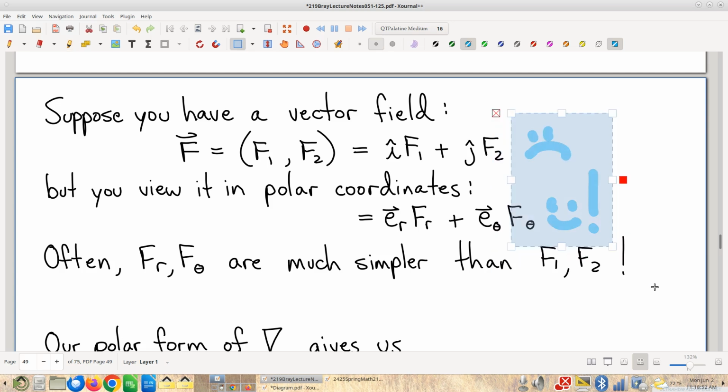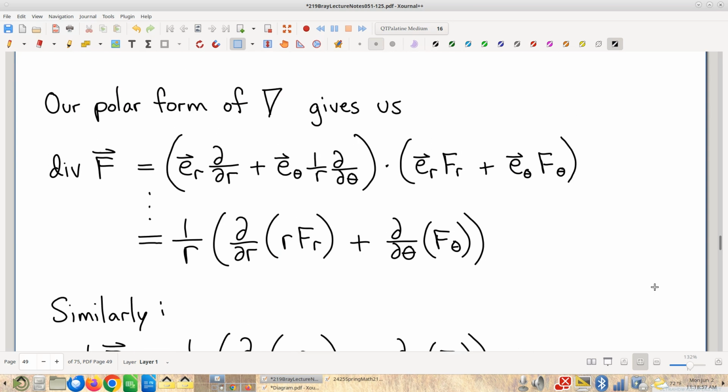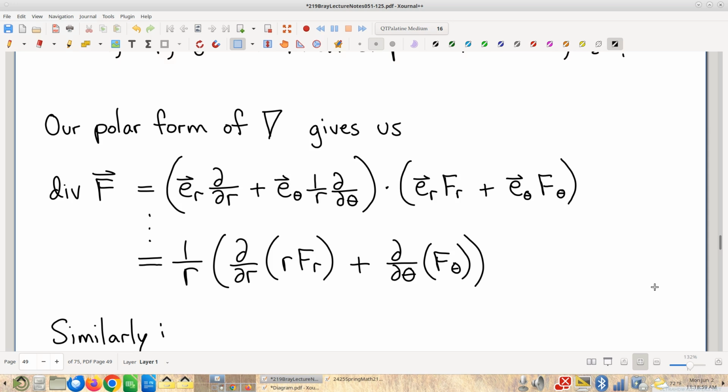Okay, so with that said, let's think about what divergence would look like. Now, divergence, of course, we already have a formula for divergence. Divergence is del dot F. And notice that's all I've got here.